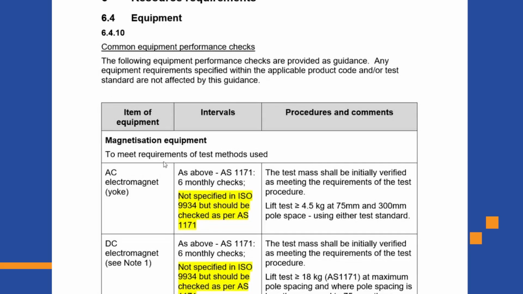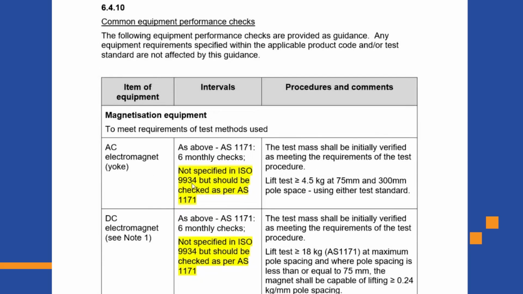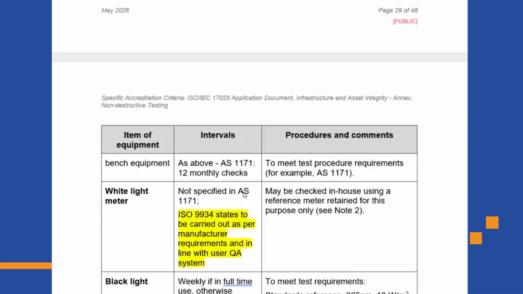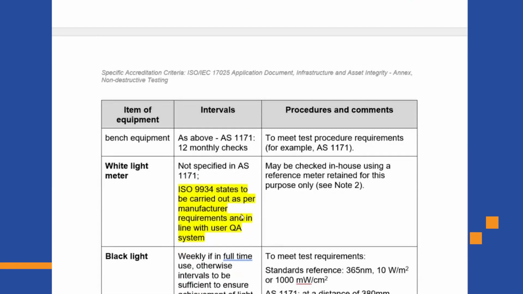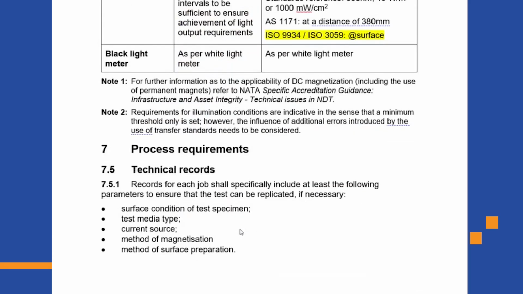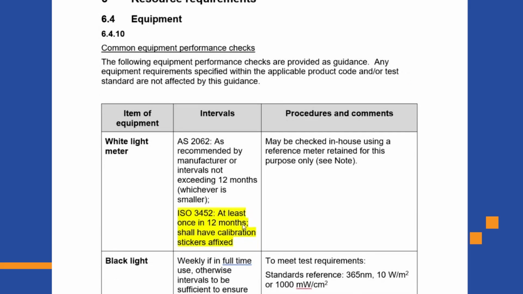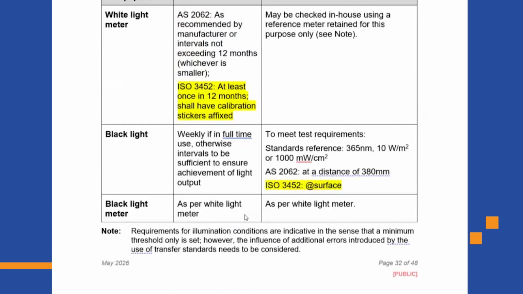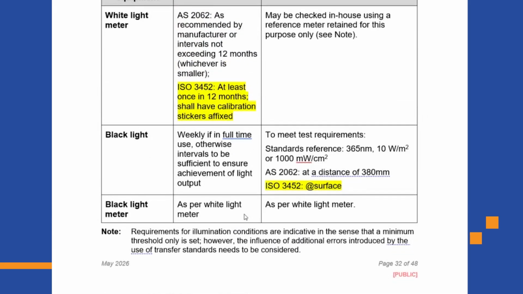So for magnetic particle, we also included the ISO 9934 reference to these and possible or expected performance checks. And for the penetrant testing, we have included similarly ISO 3452, alongside the AS 2062. So these were the only revisions to these two appendices. Any questions?